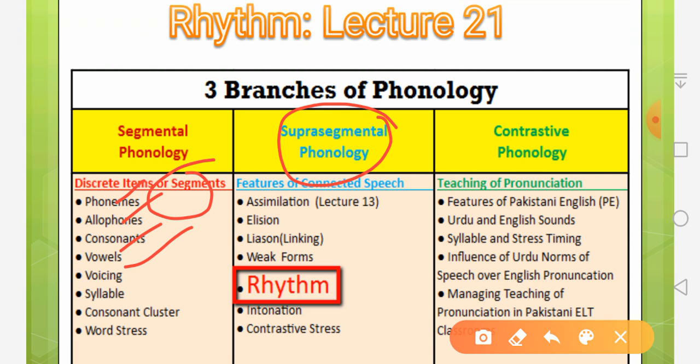I am going to, inshallah, complete suprasegmental phonology within a few more lectures, and then we will jump into contrastive phonology, and we will discuss Pakistani English and features of Pakistani English, and what happens to English speech when it comes into the hands of Pakistani speakers.